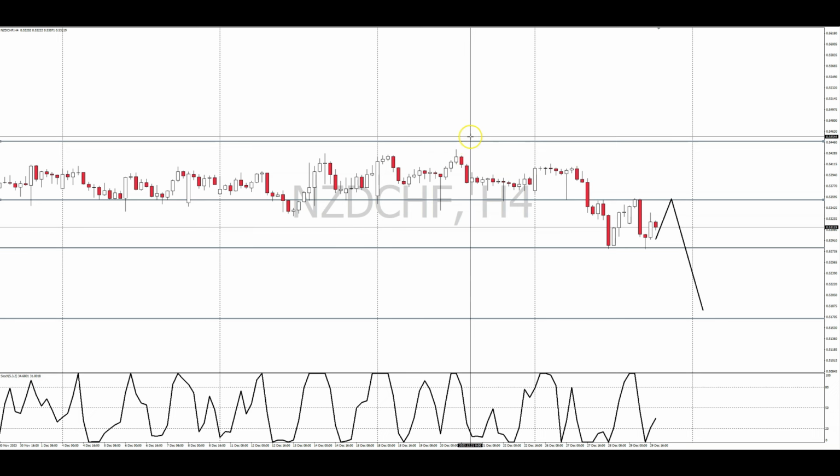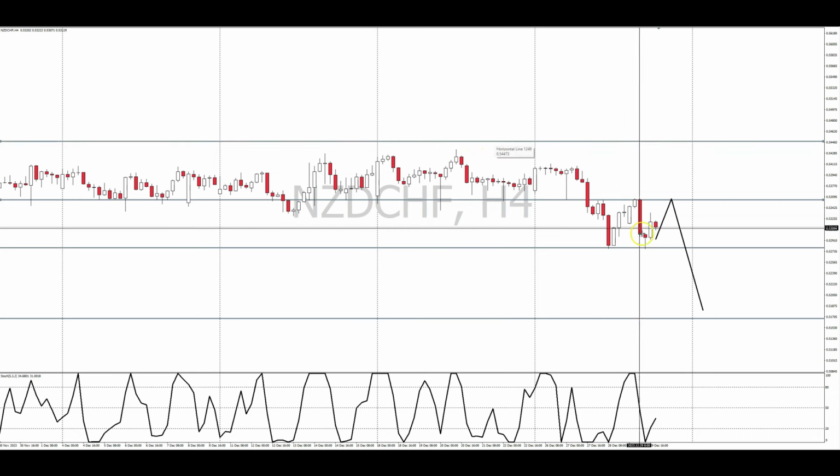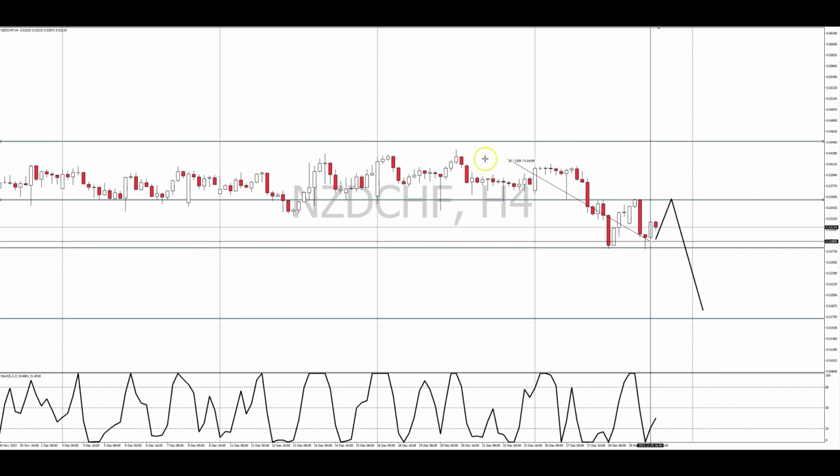Now, if price trades higher than this previous week, well, I am wrong in my analysis. But if price comes all the way up here and it never breaks this high, then I'm not wrong in my analysis. Price is just probably having a deeper pullback than what I expected. But I'm not incorrect in my analysis, because as long as price never breaks this high, then essentially I'm right.